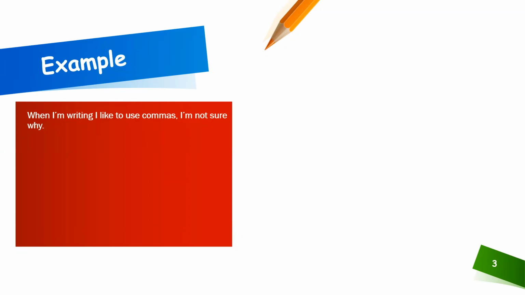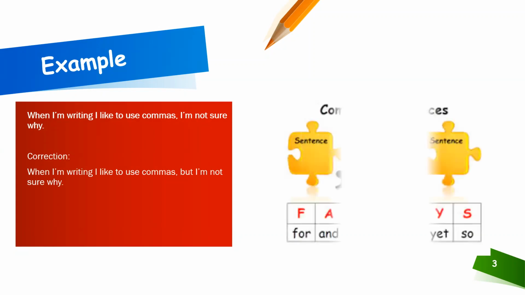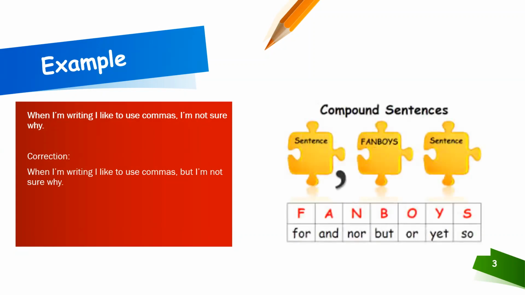In order to solve this grammatical error, you have three different options. The first one is to add that little word but, and the word but is considered a fanboy. We've got a series of words that we can place after a comma to connect two full sentences, and then we have a correct compound sentence.